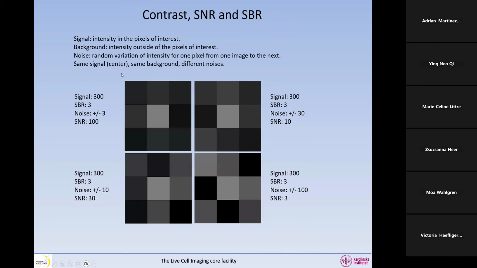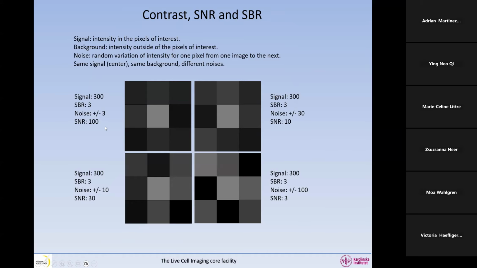So if we look in here at the contrast, in the center here, we always have the same signal. So it's going to be 300 in this pixel in the center. And now we're going to have different types of noise. So we have the same background everywhere, but the noise is going to change from one image to the next. It's going to come randomly.